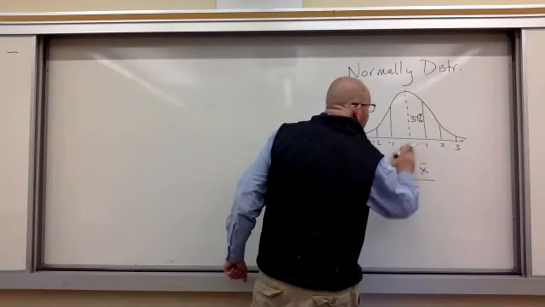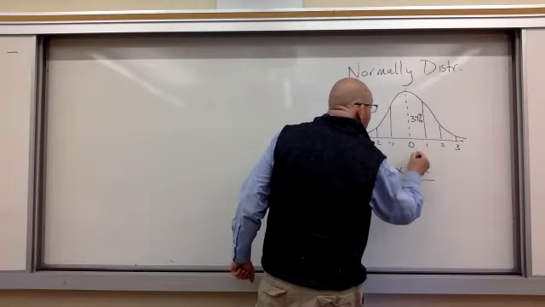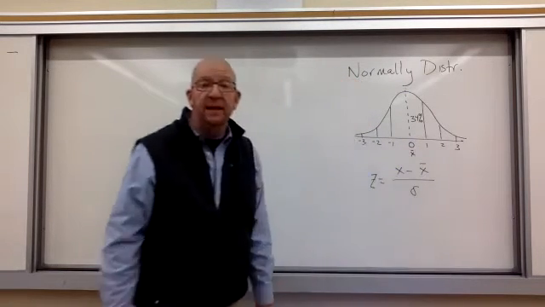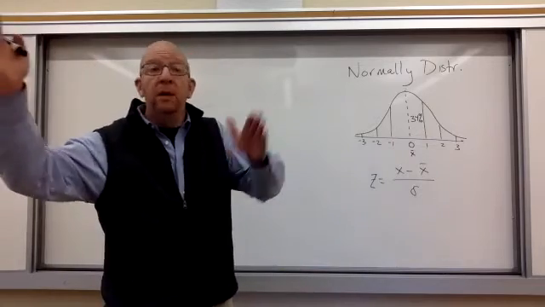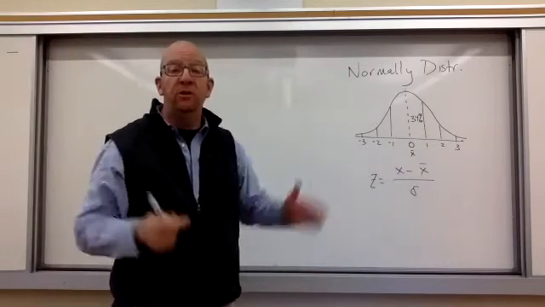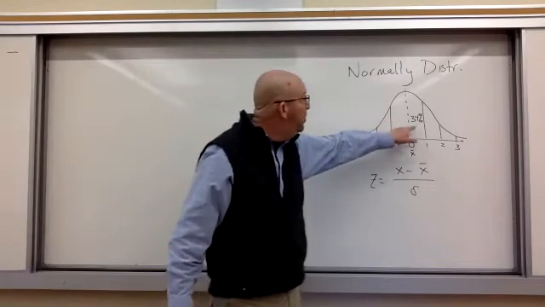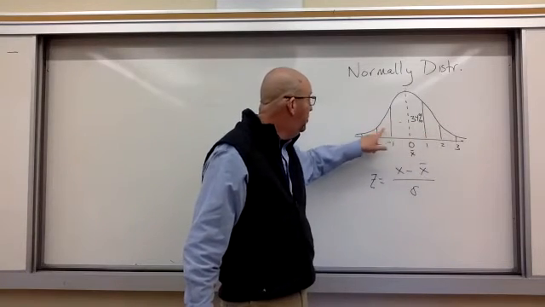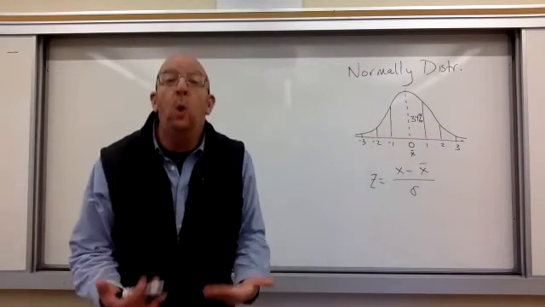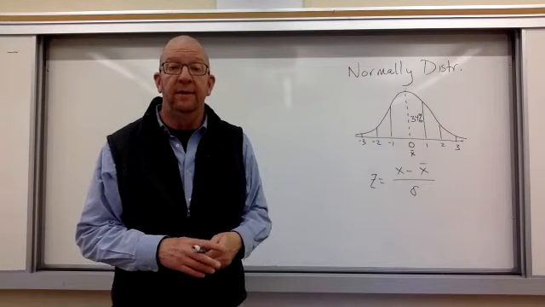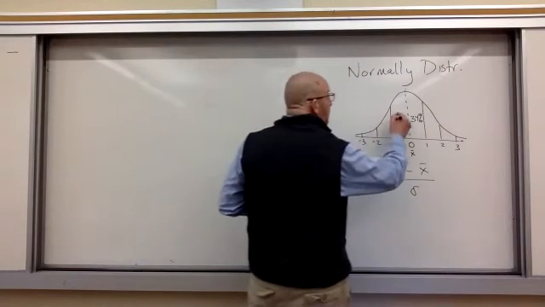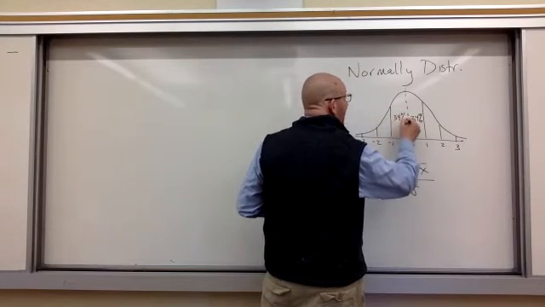So really, the mean here, this is 0, and that represents the mean. And then we go up 1, down 1, up 2, down 2. Those are standard deviations. And I could fill in the rest of these regions because we know the percentage of area. So this would be another 34% here because it's symmetric, right?